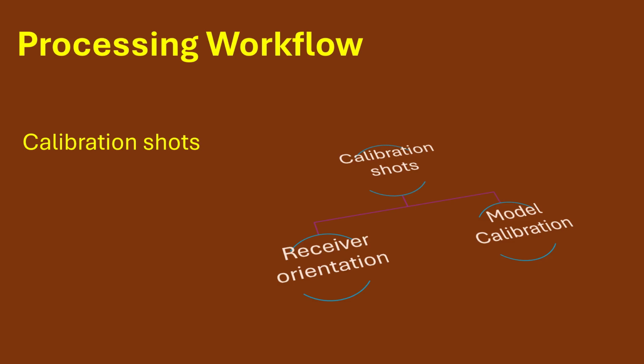The waveforms from calibration shots undergo DC removal, filtering, and P and S arrival picking. And then we use these to find receiver orientations, which help to rotate the data into geographic coordinates. Since we know the true spatial location of calibration shots, we can use this information and the picked times to calibrate the velocity model.